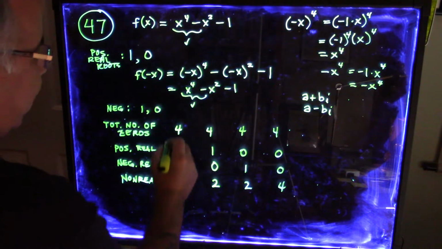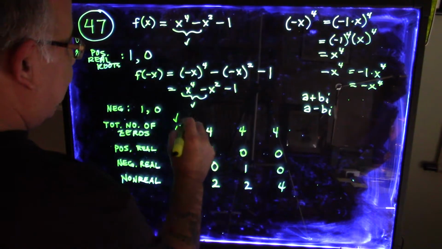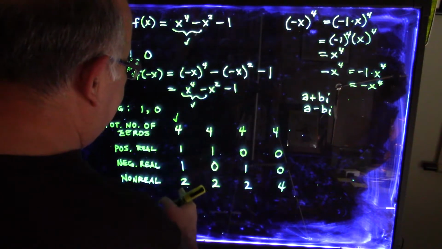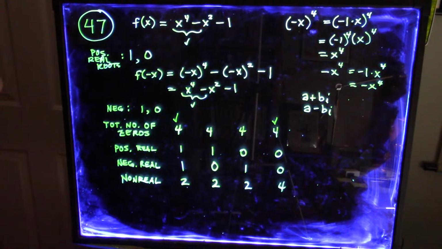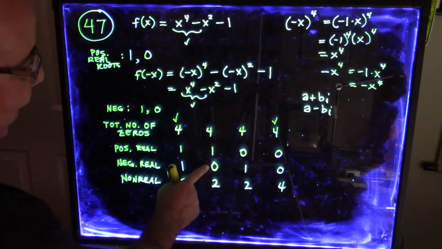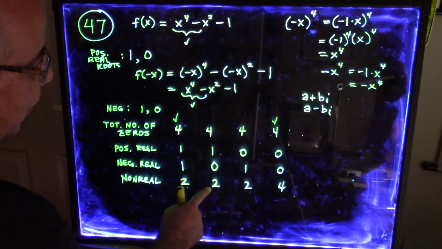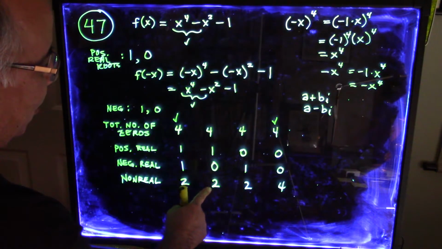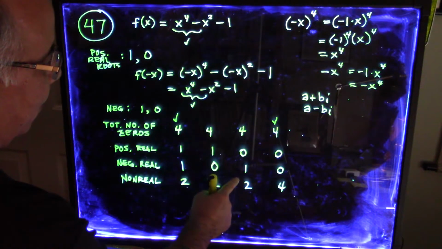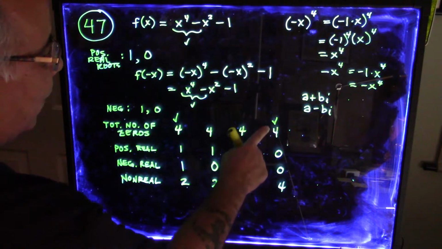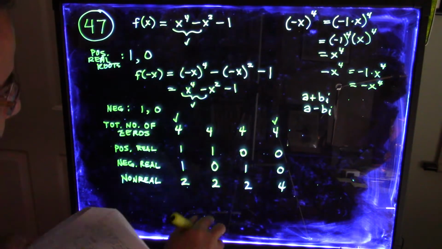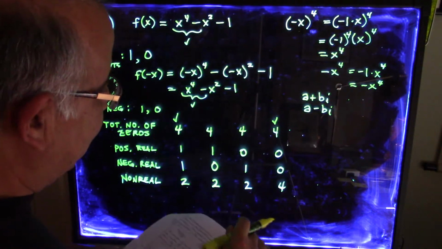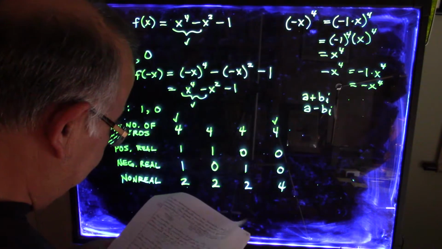This column and this column would be the only possibilities. These don't add up right: 1 plus 2, 3 roots total. They don't add up. So we're going to have to go with one of those two. And if it's this one, it's not even going to touch the x-axis when we graph it.